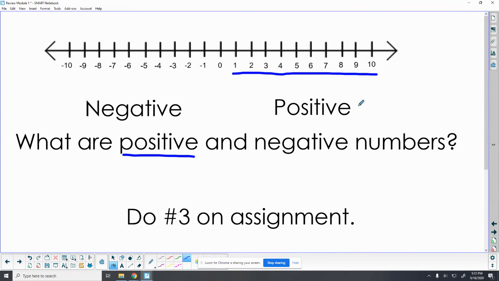So positive numbers are going to be bigger than 0. And the opposite is true for negative numbers. If I look at all of my negative numbers here, I notice that they're going to be less than 0. So pause the video and do number 3 on your assignment.